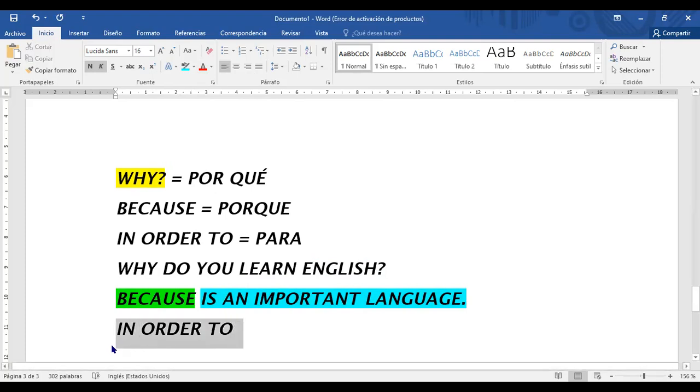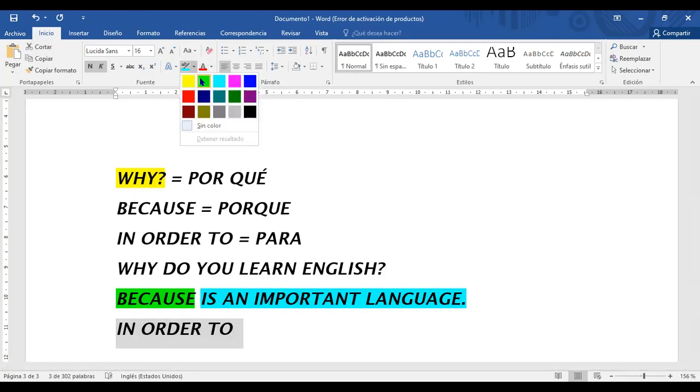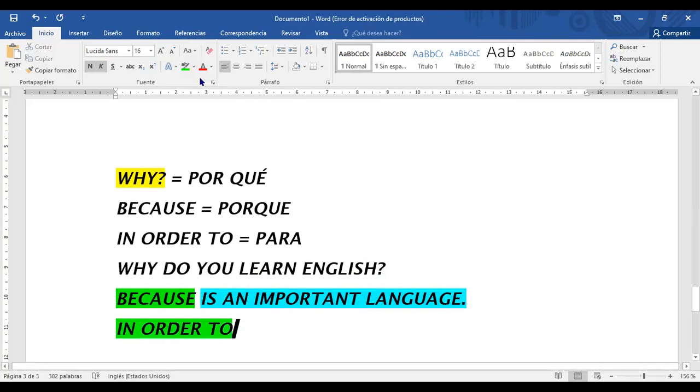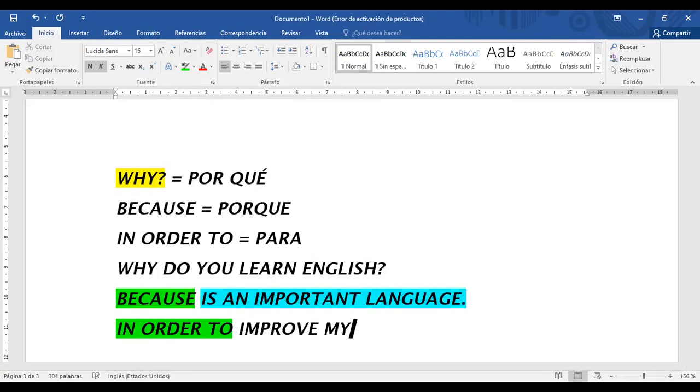So in order to is a little bit different because you are going to have a verb, Carlos, after in order to. It's essential to have a verb. So why do you learn English? In order to, what could it be? In order to improve my speaking.